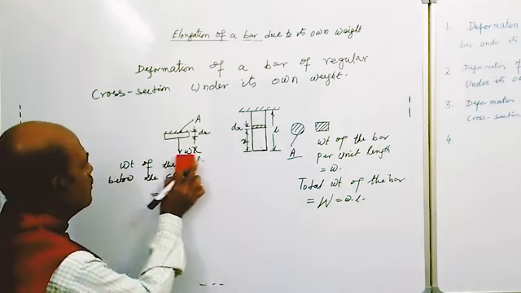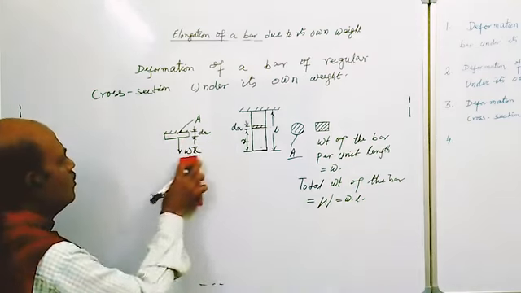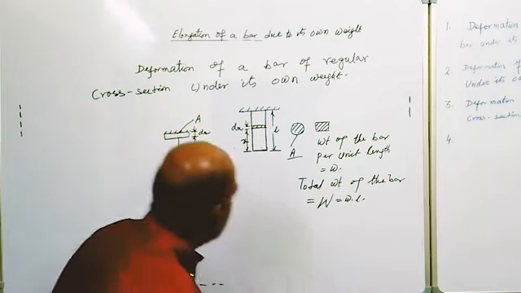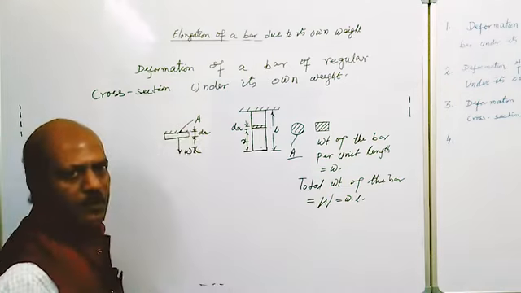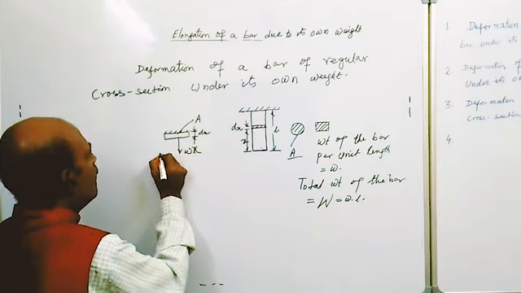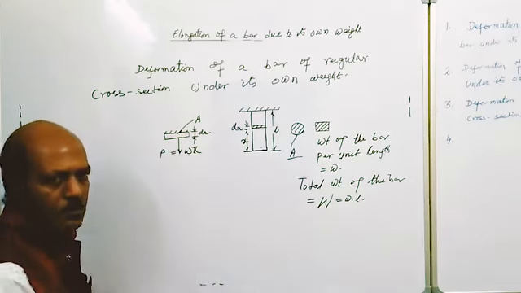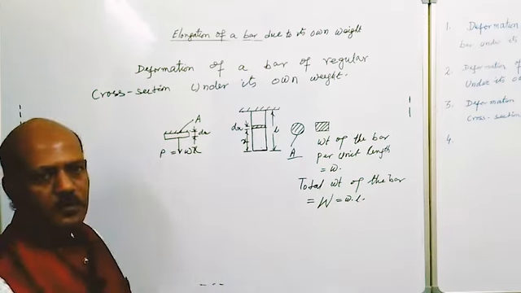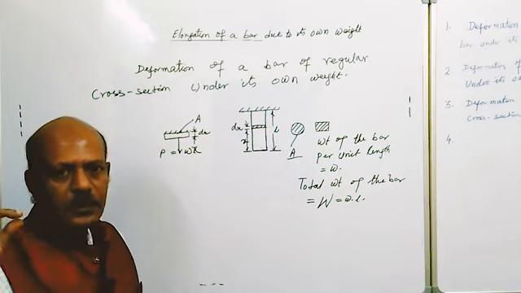Now for this elemental area which we have considered, the weight P is equal to w into x. Length of the section is dx.